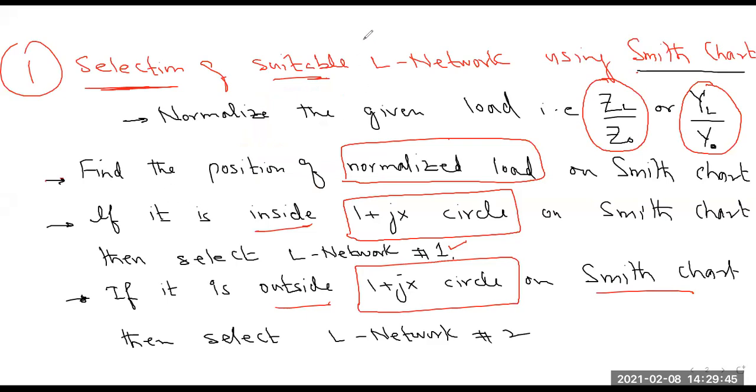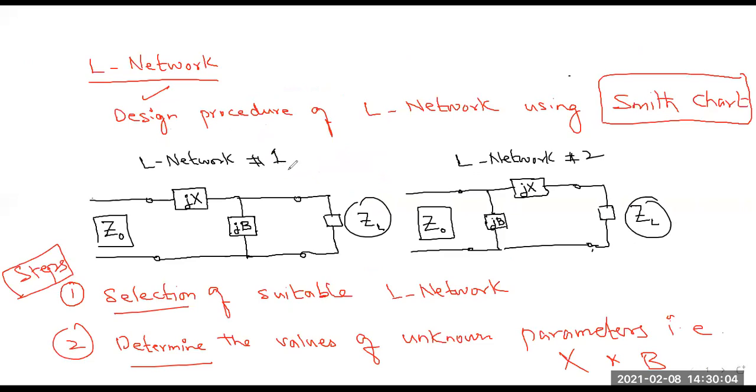First of all, you need to normalize the given load. Then you need to find its position. There are two possibilities, inside or outside. If it is inside, you are going to select L network number 1, which is this one. Let me write it down.